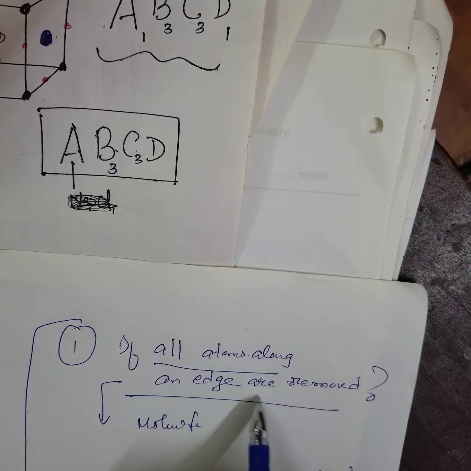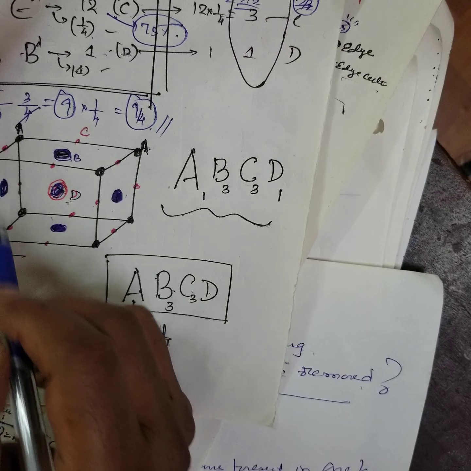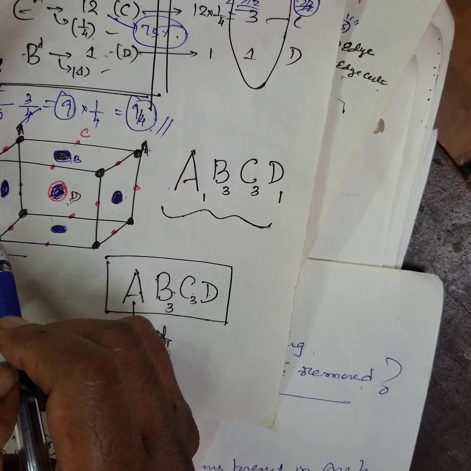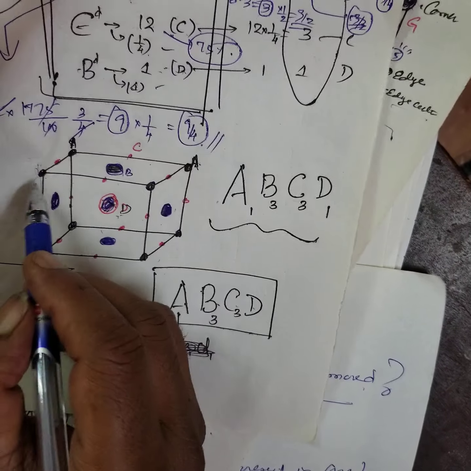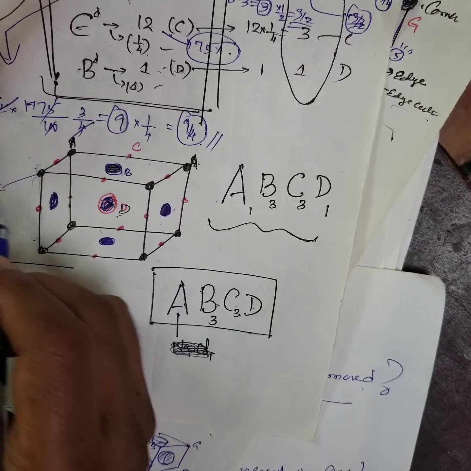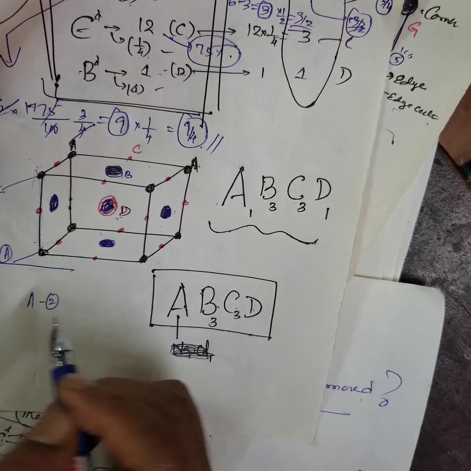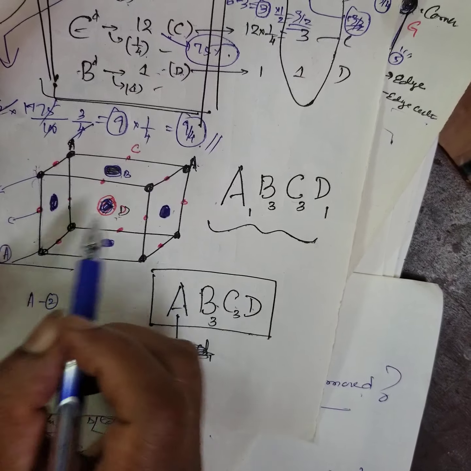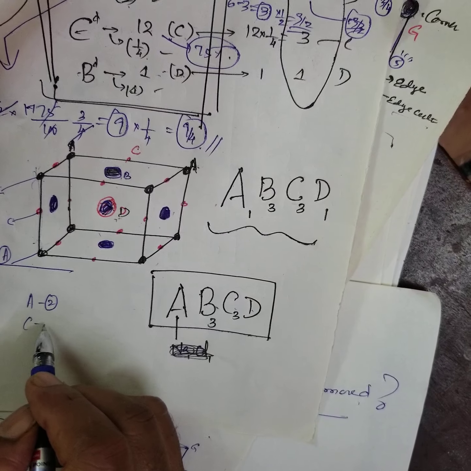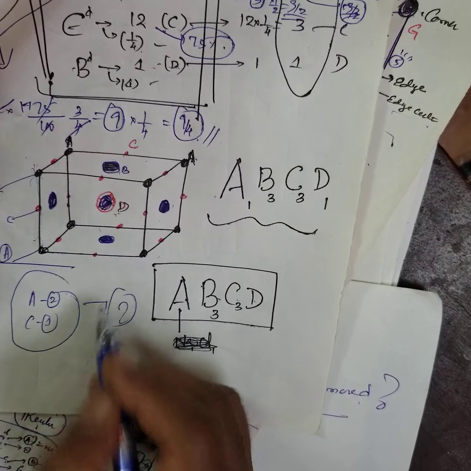If all atoms along one edge is removed, this is one edge, no? Only one edge I am removing. 1, 2, 3 I am removing. 1, 2 means what? Which color? A. Here also A. I am removing 2 A. What is that? C I am removing 1. Now what is the formula?